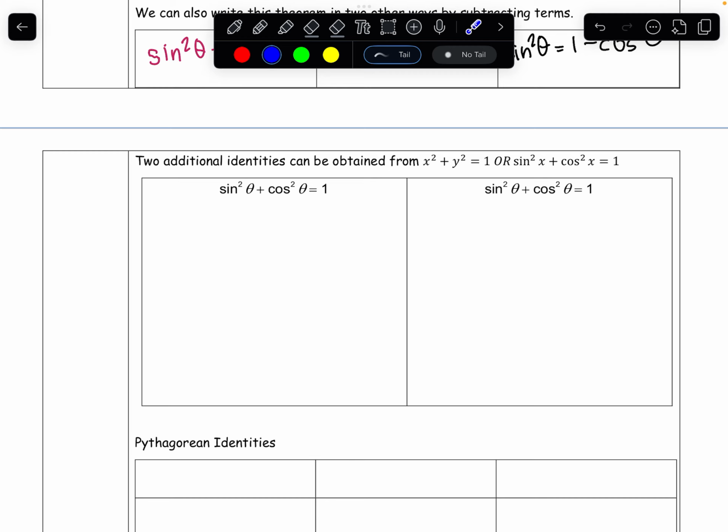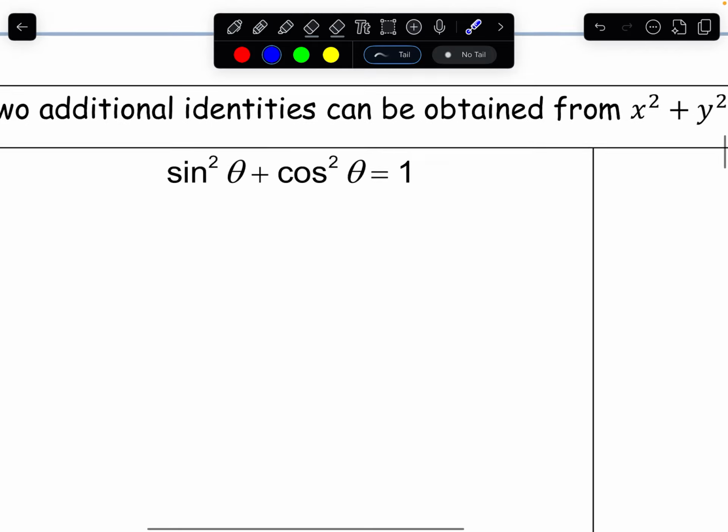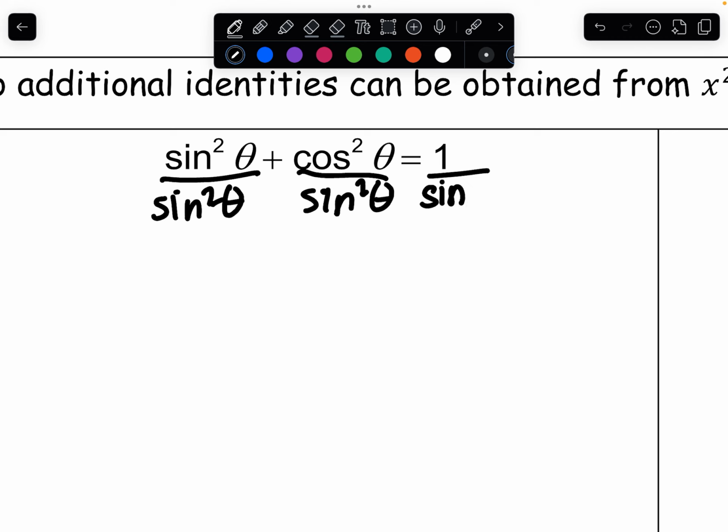Okay. So let's go to the next page, because what we're going to do now is find the other two Pythagorean identities for trig. Where this comes from is we're going to divide the equation all by the same thing. For this first one, we're going to divide everything by sine squared theta. The reason this is okay is because we're doing it to everything, so it's keeping the equation balanced.